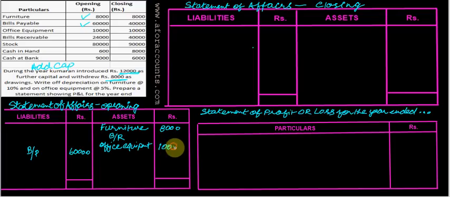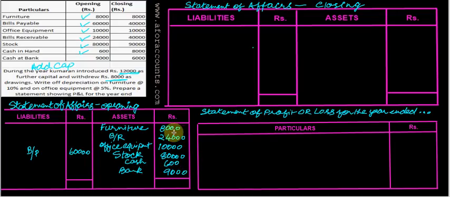Bills receivable 24,000. Stock 80,000. Cash in hand 600. Cash at bank 9,000. Okay, 9,000 is written, 600.